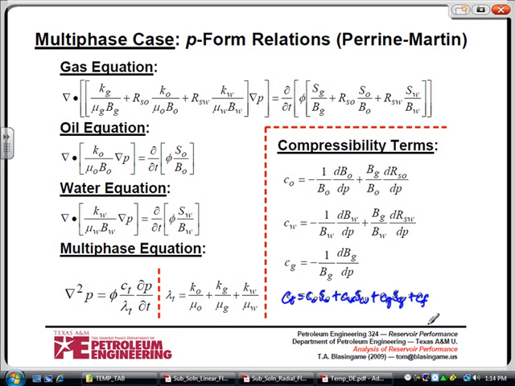And then if we define the total mobility, which is k_o over mu_o plus k_g over mu_g plus k_w over mu_w. There's some magic steps, but if we define those things and apply these equations, what's going to happen?